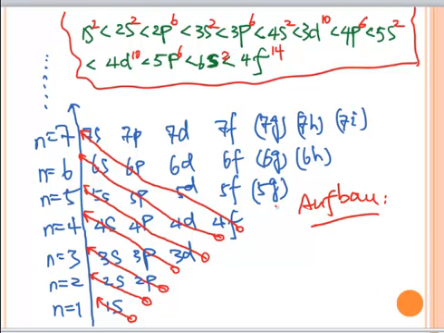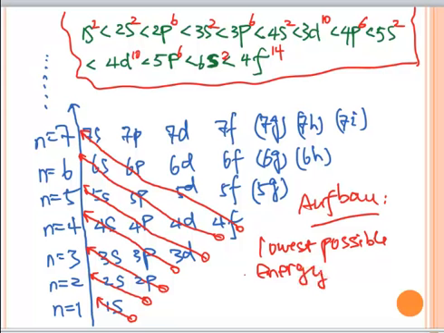It is bottom up, and it gives you the lowest possible energy associated with those electrons.